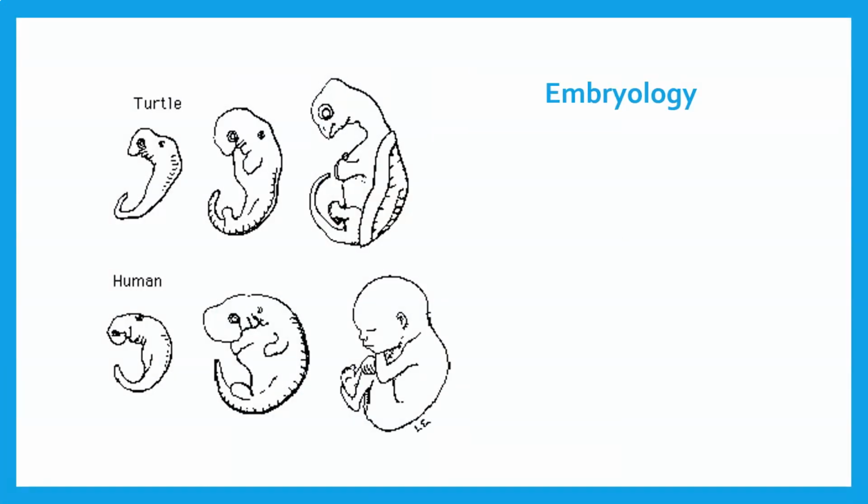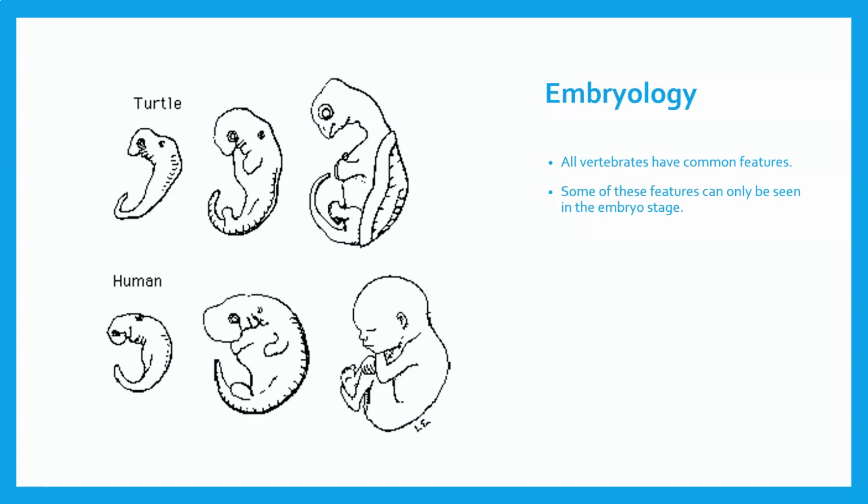Another factor of evidence of evolution is embryology. All vertebrates have common features. Some of these features can only be seen at the embryo stage.